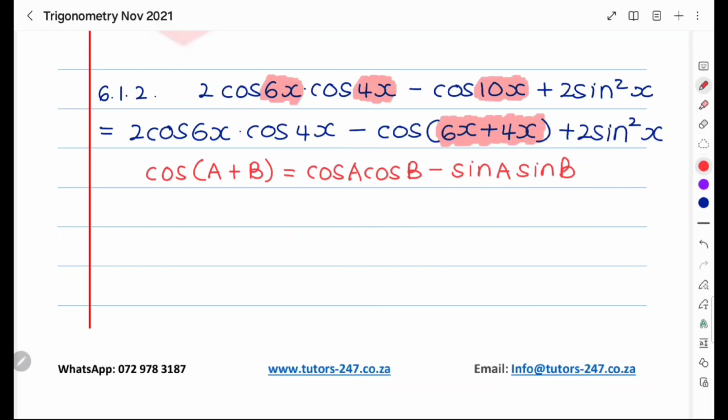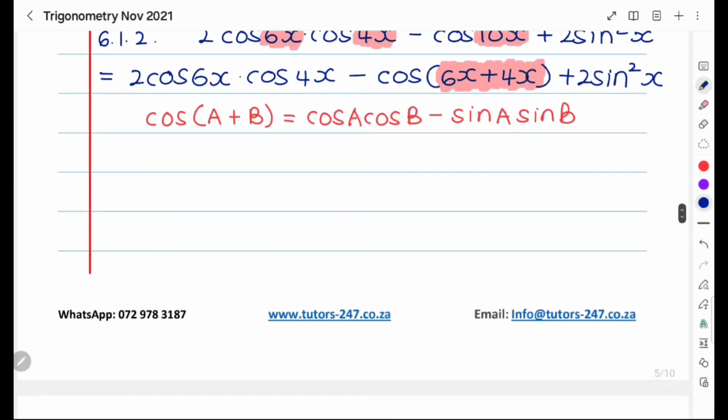Now keep in mind, A is going to represent 6x and B is going to represent 4x. So from here, we're going to have 2 cos 6x cos 4x.